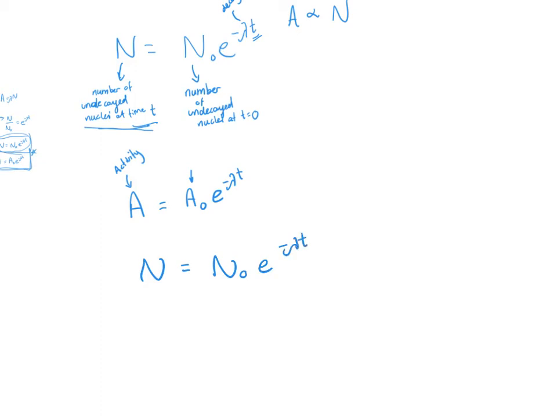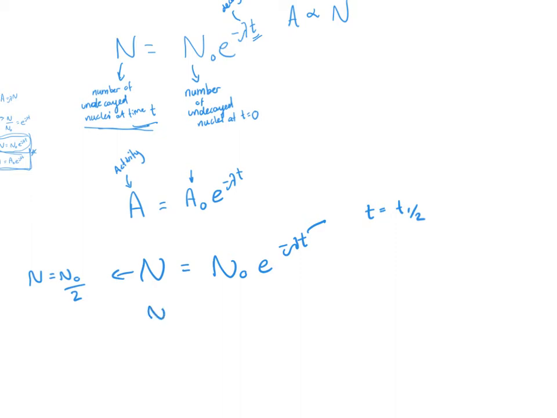If I want to know what's going to happen after one half-life, then this t will be equal to the half-life. And I know that N after one half-life should have halved. So it should be half of the original starting number of nuclei, N naught. So N, in other words, will be N naught over 2, because after one half-life, the number of undecayed nuclei halves.